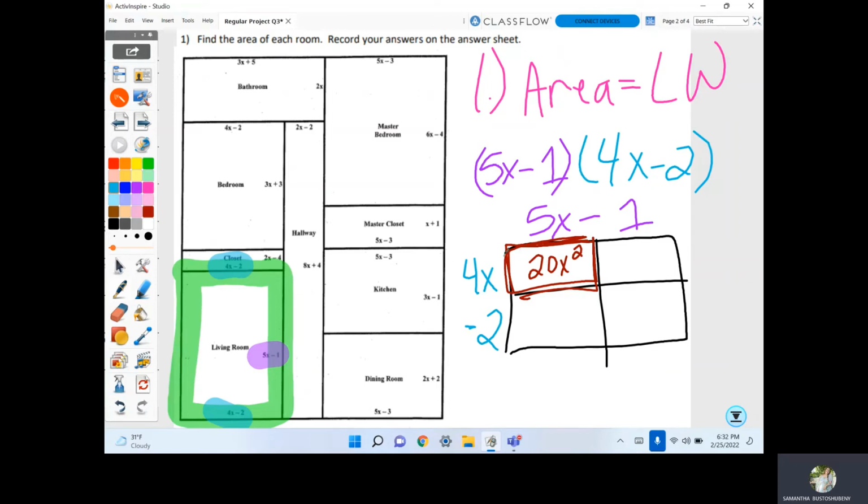So for example, we know that opposite sides of a rectangle are equal. So if this side is 4x, that means this is 4x. That means this is 4x. So if it helps me to write 4x over here, I can do that. So I'm going to go ahead and do 4x minus 2, and 5x minus 1 right here.